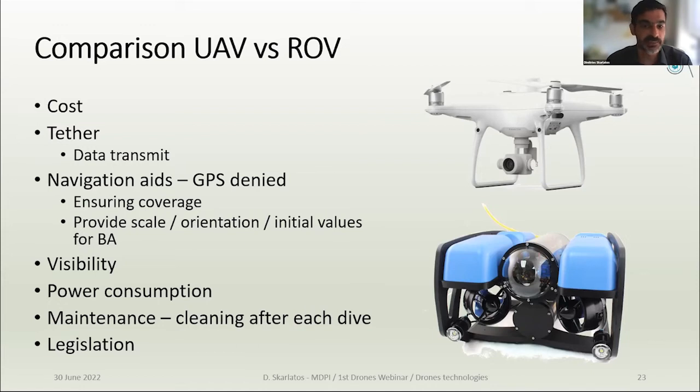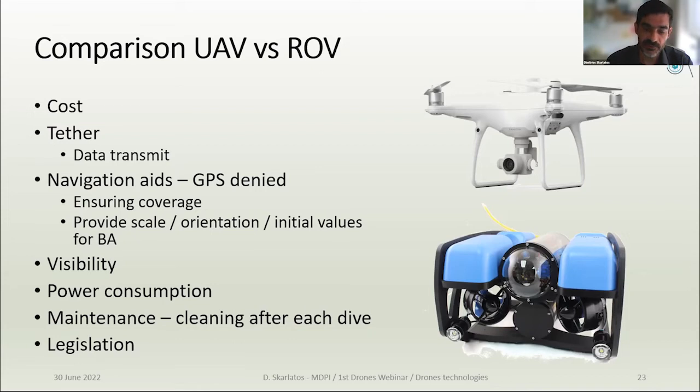You're working in a GPS denied environment, just like the previous presenters discussed. And you need some kind of navigation to ensure full coverage of the site before you leave. Also, you may use this kind of data to provide scale and orientation, as well as initial values for the forthcoming post-processing and bundle adjustment.